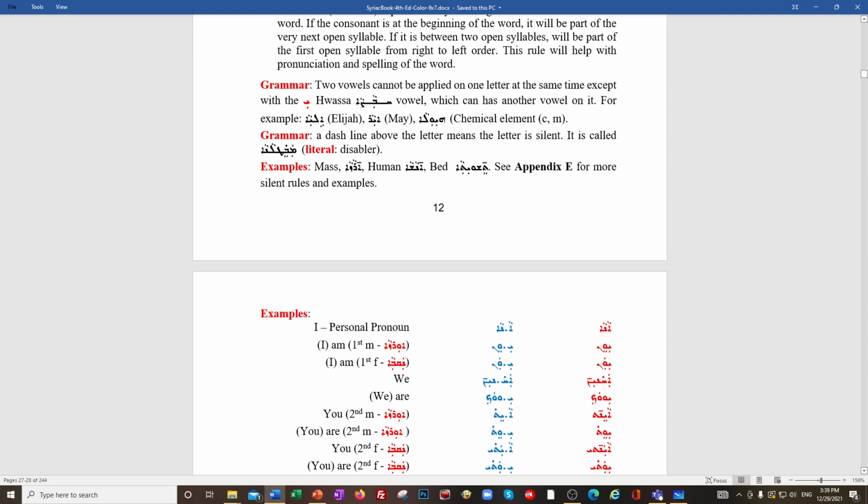For example, Elia. Do you see this ḥwāsa yoth here? I'm highlighting it. That one is the ḥwāsa and has the sqapa, the long A.